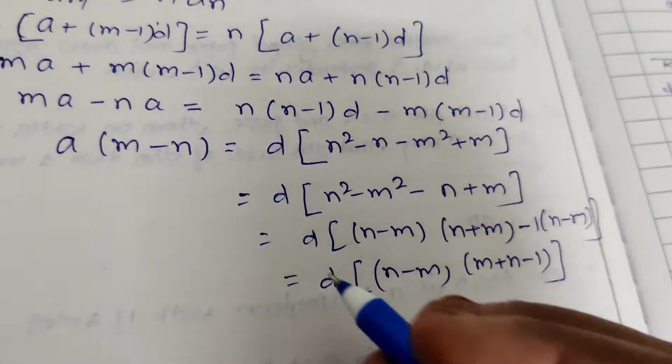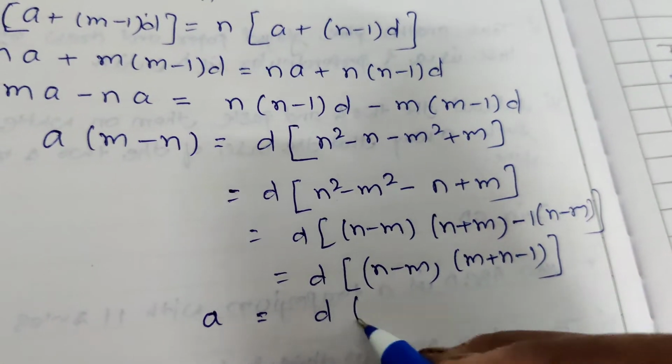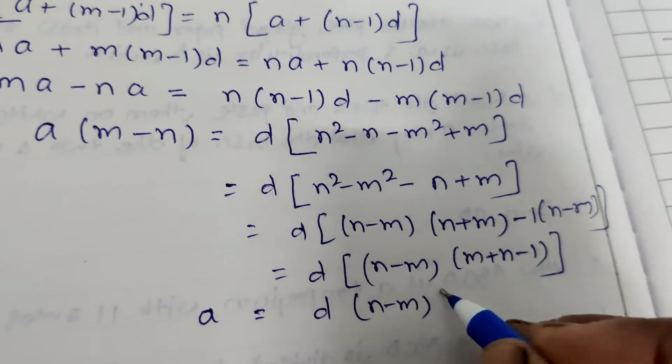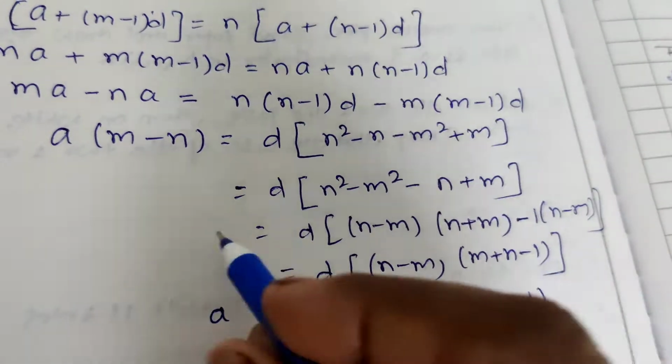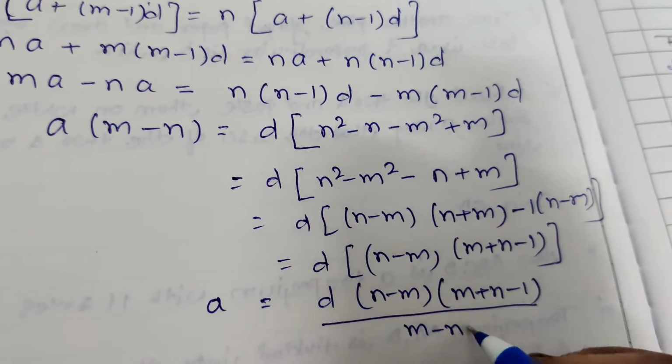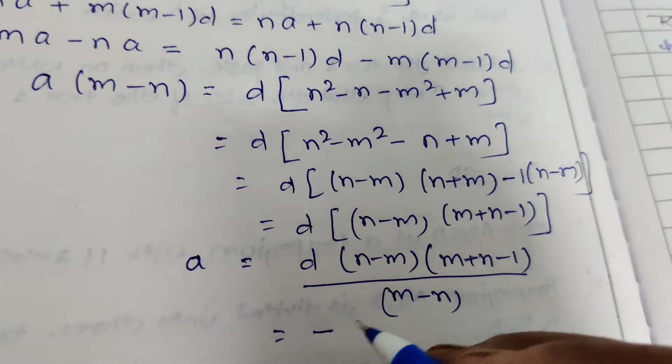Now a equal to d into n minus m, m plus n minus 1 over m minus n. Take minus common, so we get minus d.